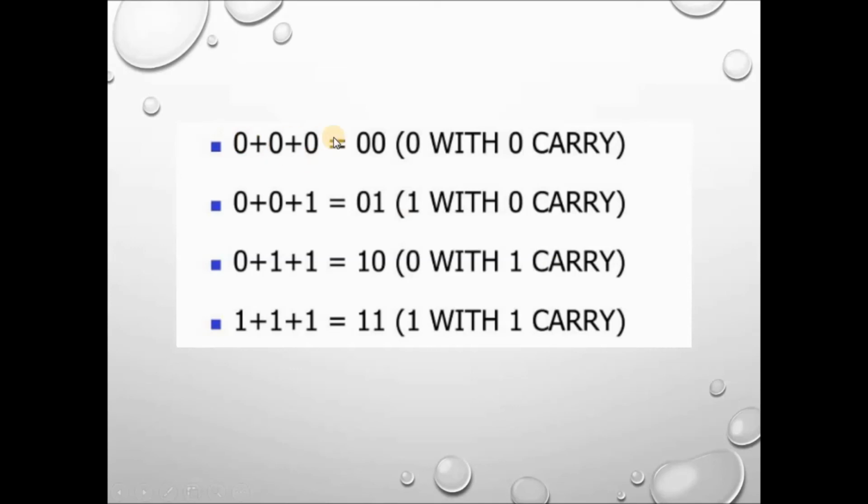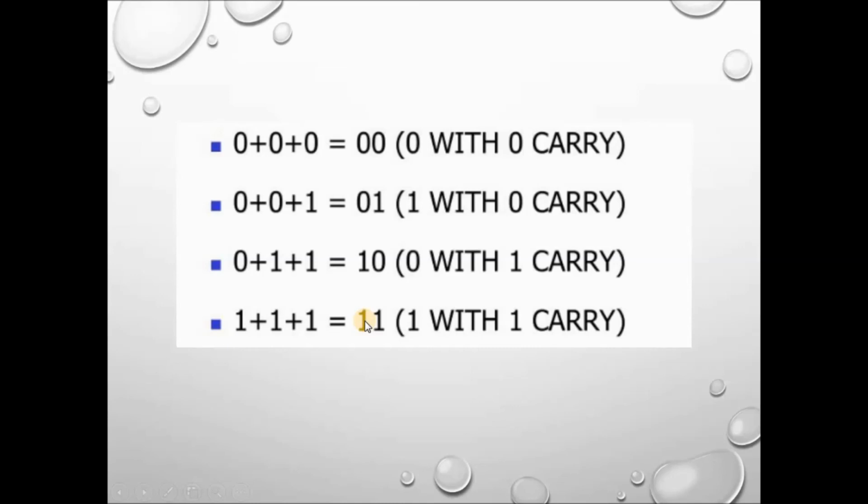Here 3 inputs, 1 1 1 means 1 plus 1 plus 1, which is 3. The binary number of 3 is 1 1. For 3, this is sum and this is carry.